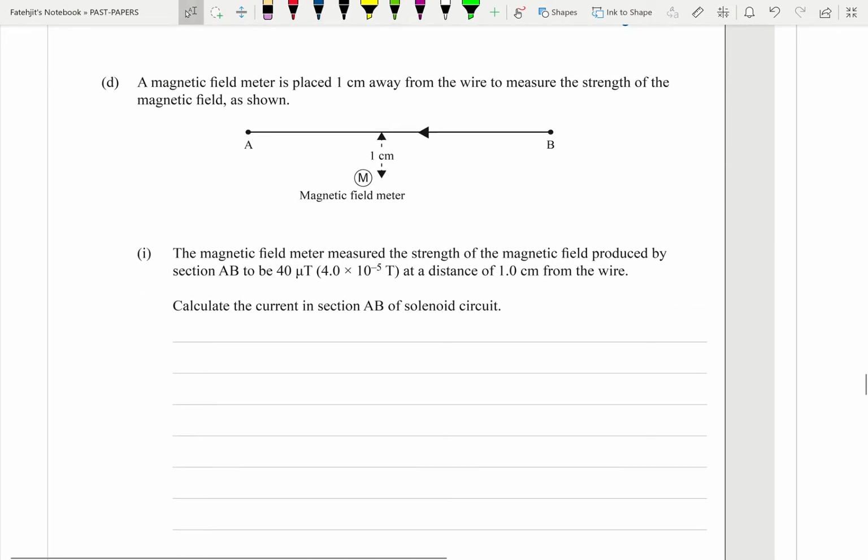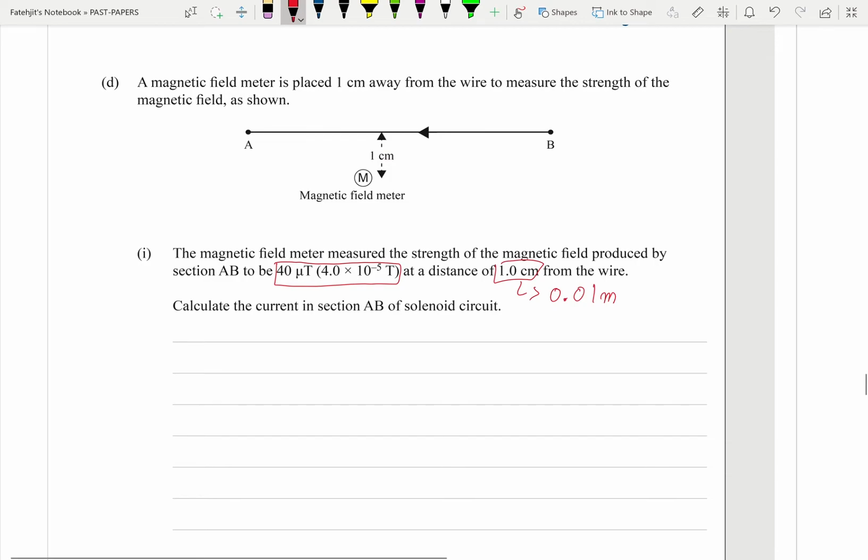Cool. So the wire produces 4 times 10 to the power negative 5 Tesla at a distance of, remember, SI units, so 0.01 meters.